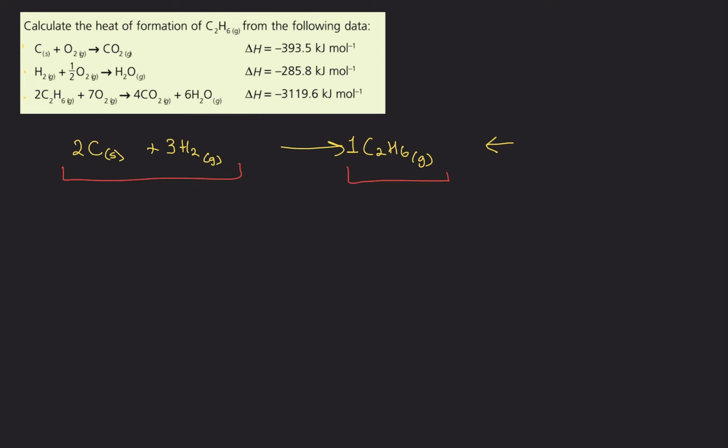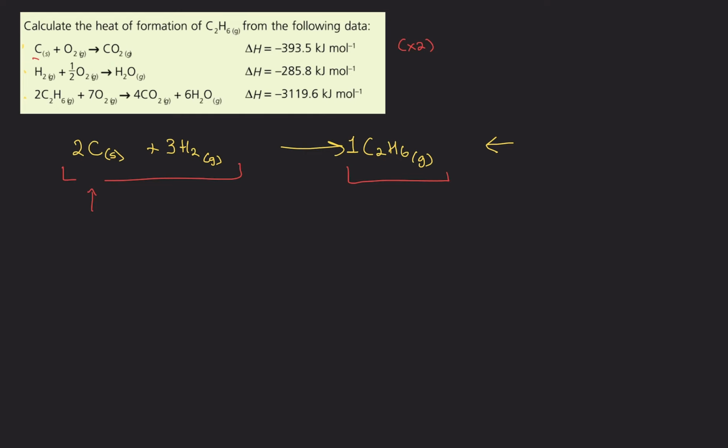So the very first one, let's look at what's in there. I'm interested in the carbon. Okay, so you can see I have a carbon here and I have a carbon right here. Now, there's only 1 carbon in that equation. I want 2. So what I have to do is multiply that line by 2.